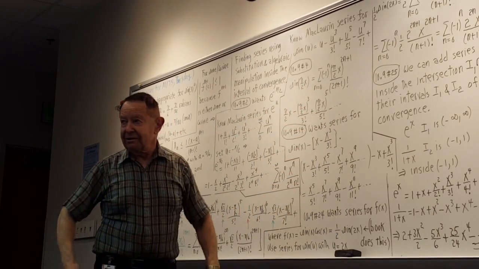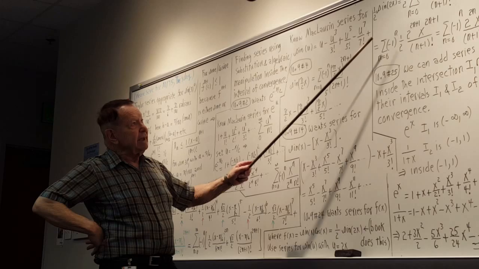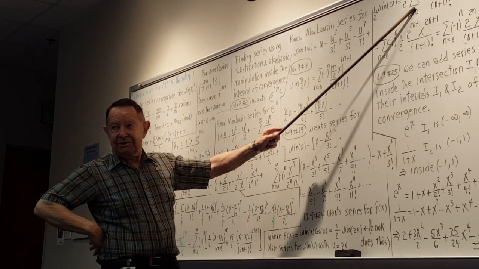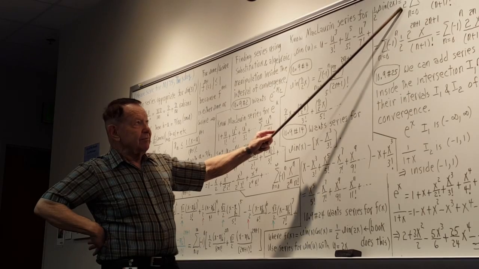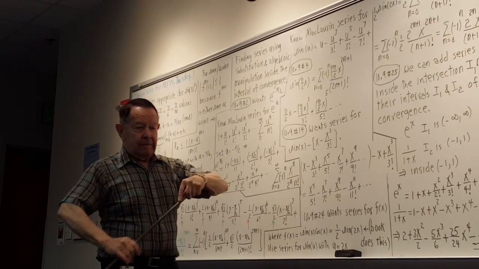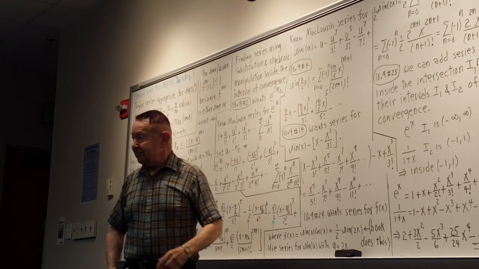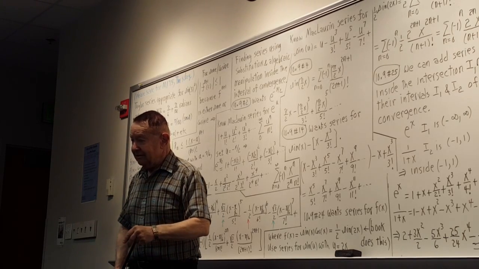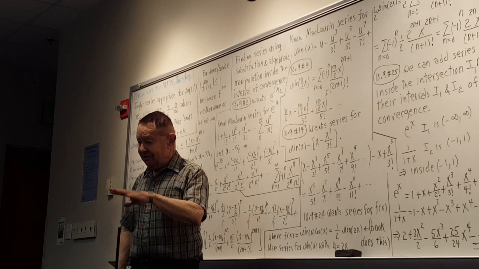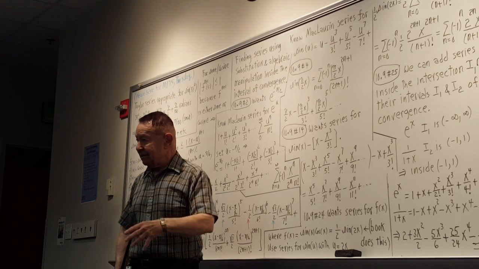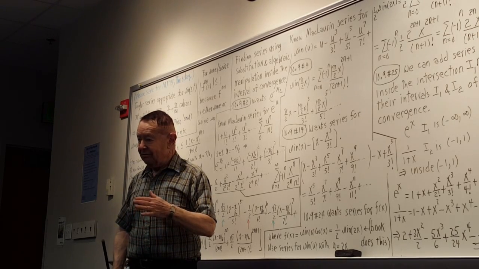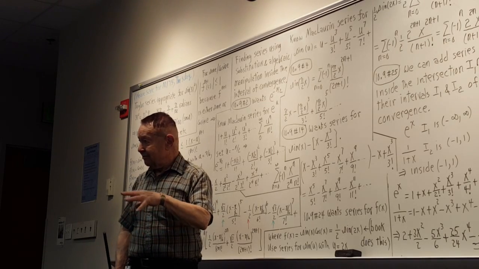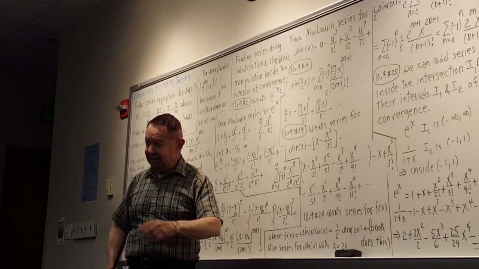And then you can play some games. You can take the half across the summation symbol. You can take a number across the capital sigma, the same as you can take a number across an integral sign, because the integral, after all, is a limit of a sum, and so the rules for what you can take across the integral sign match the rules for what you can take across the summation sign.